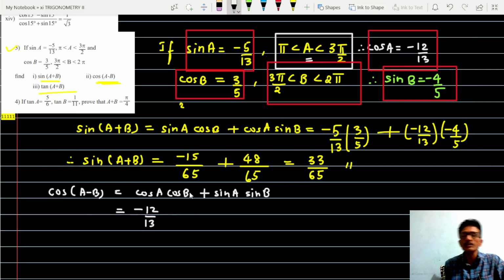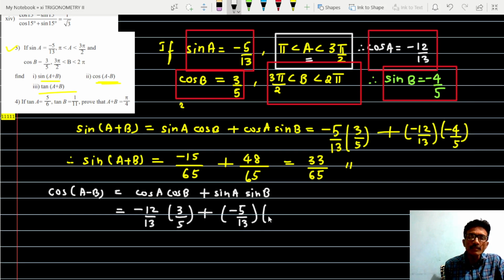Cos B is how much? 3 upon 5. Sin A is how much? Minus 5 upon 13. Sin B is equal to what? Minus 4 upon 5.